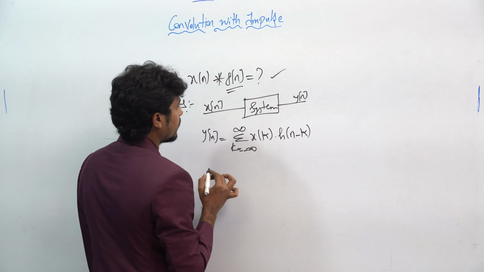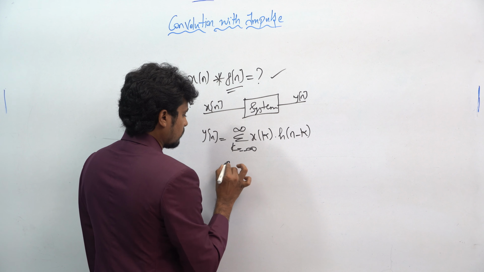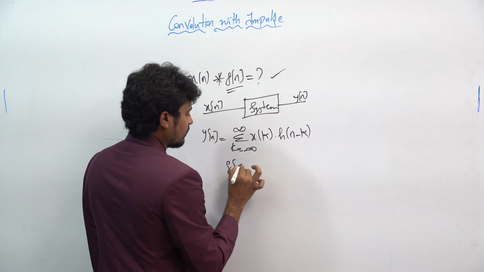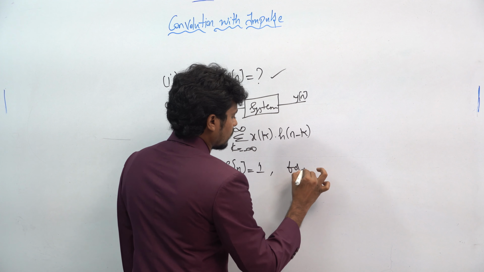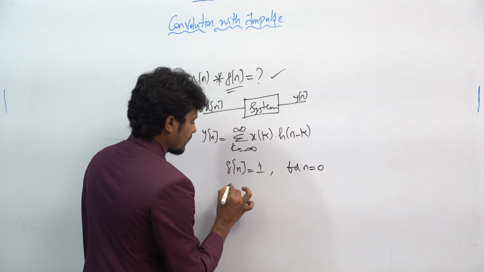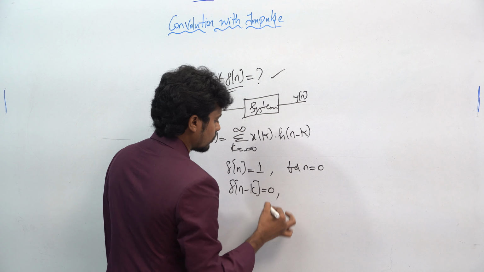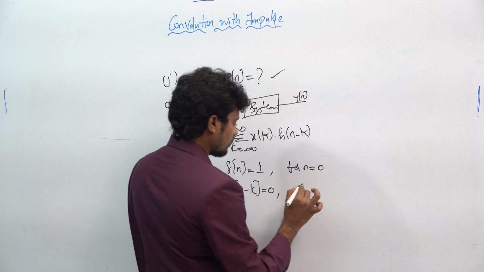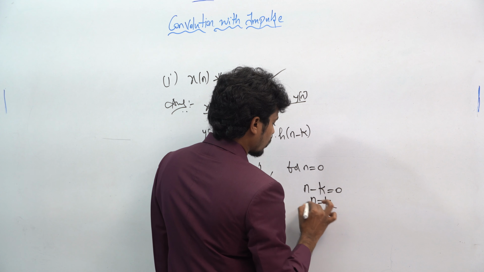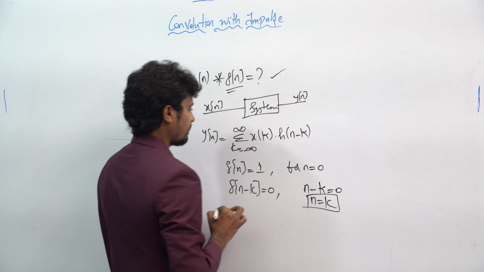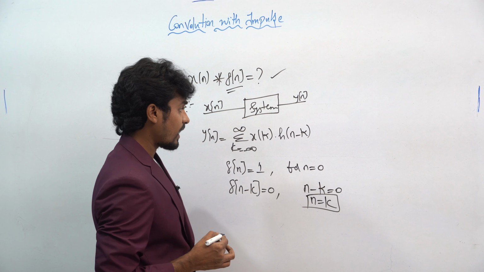For example, del of n is 1 for n equal to 0, and in the remaining cases it is 0. So if you take n minus k equal to 0, n is equal to k. So replace k with n, what will happen?